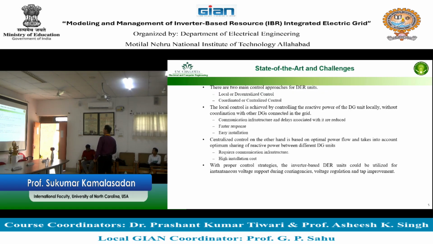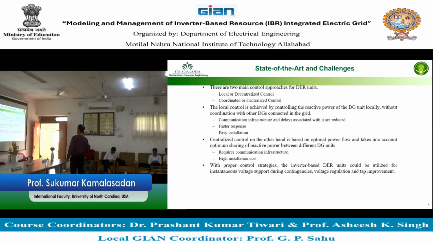So there are two ways you control a DER unit. One way is local control, or we also call it decentralized. Another way is coordinated or centralized control. I'm going to talk about both of them, two examples rather, and how you can adjust.